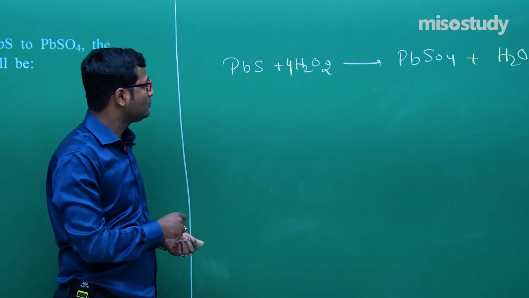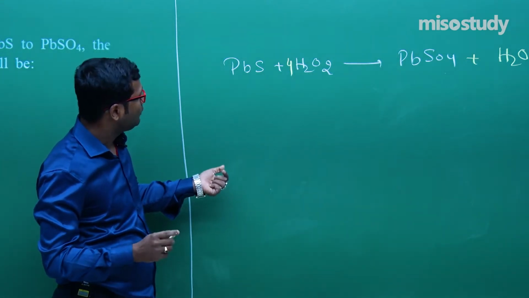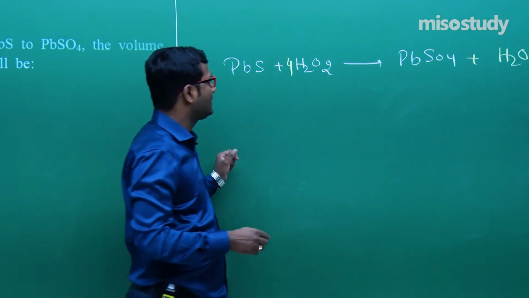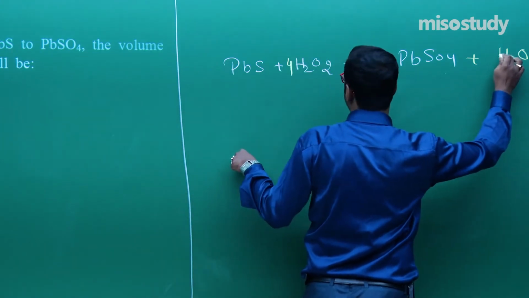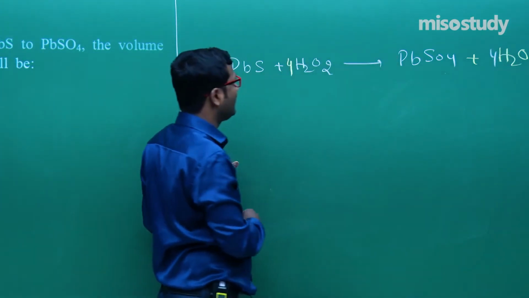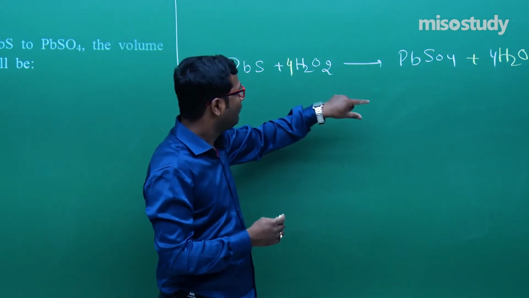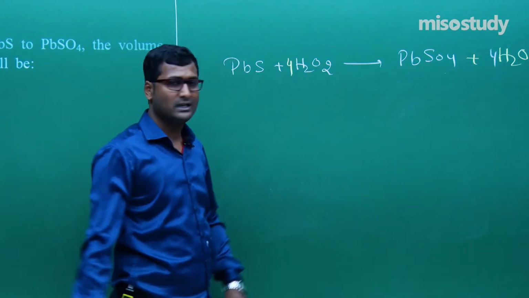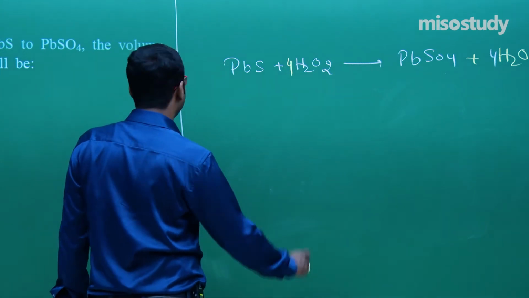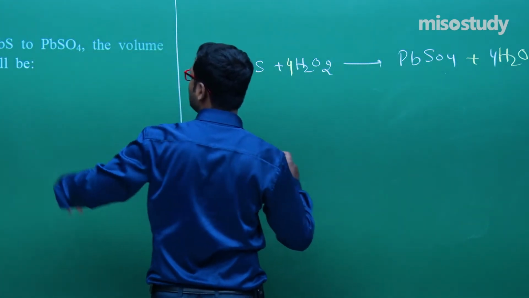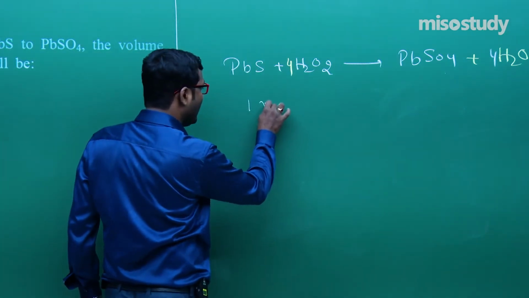PbS plus 4 H2O2, which gives PbSO4 and 4 H2O. What is hydrogen here is 4 to 8, put here 4. Now again balance, sulfur is 1 time, Pb 1 time, oxygen 4, 4, 8, 4 to 8. Clear to you? This is the balanced equation. Now here is given 0.01.